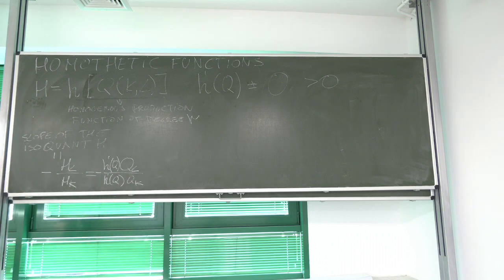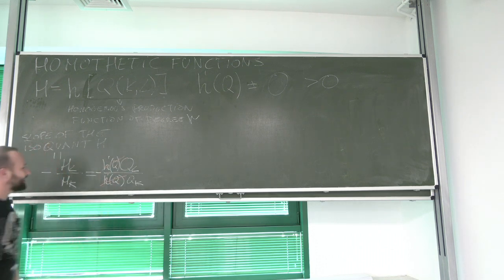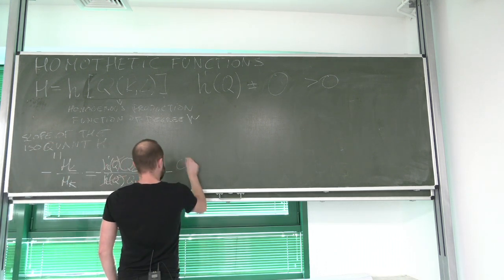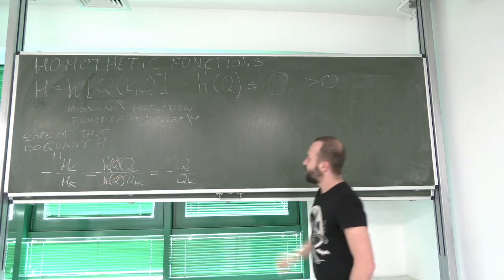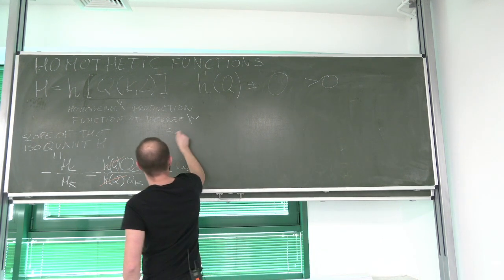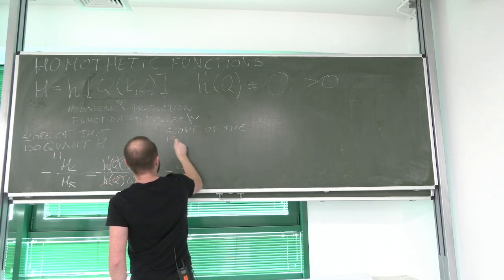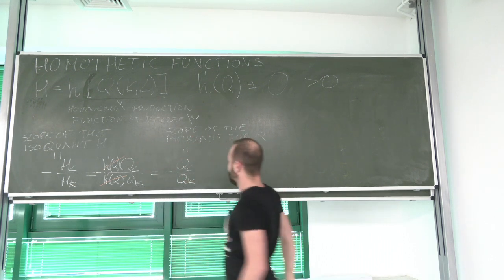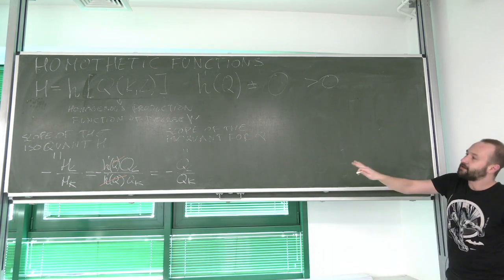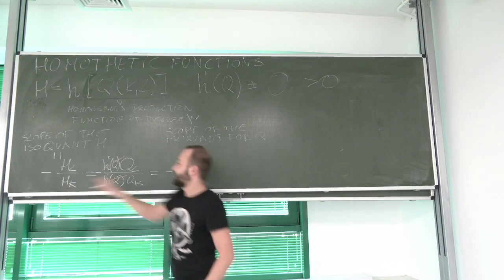Right away, we can see that those two are canceling each other out, and what we get is the slope of the isoquant for q. So we clearly see that they will have exactly the same slopes.